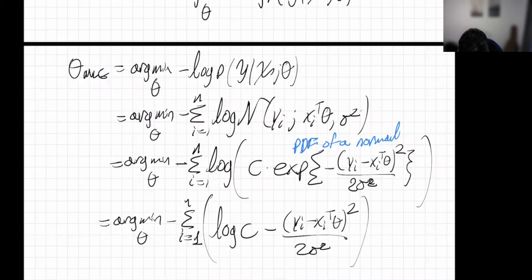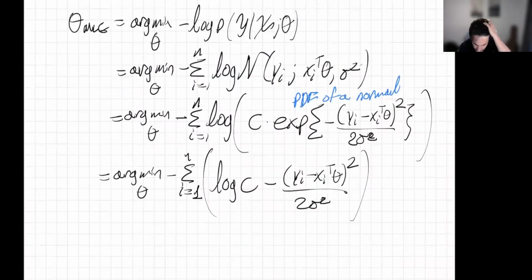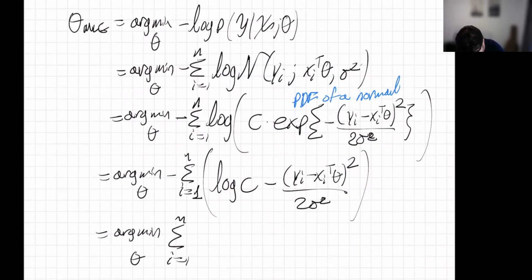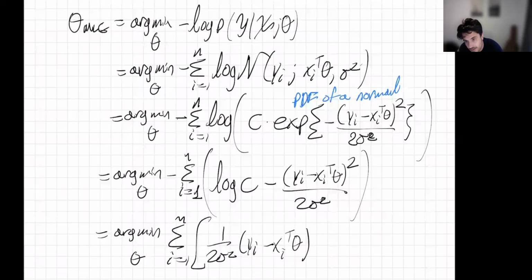This should be right, and we can simplify things a bit, but I'll just write it like this. It will be the summation from 1 through n of 1 over 2 times sigma squared, yi minus xi transpose theta squared, plus some constant. That's it. That's the maximum likelihood estimate.